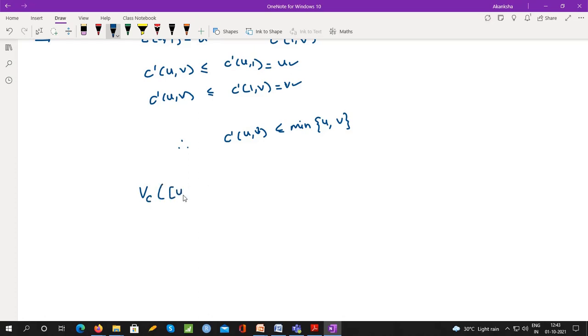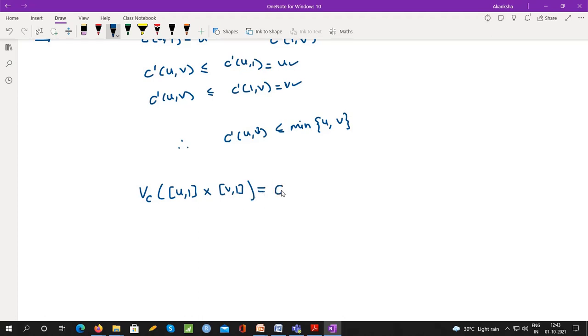So I will consider the rectangle with corners u, 1 and v, 1. We have a condition that 1 and 0 should always be in the domain. So that condition is needed here, because if I don't know whether 1 is in the domain, then I can't compute C volume, because for computing C volume we need all 4 vertices to be in the domain, correct?